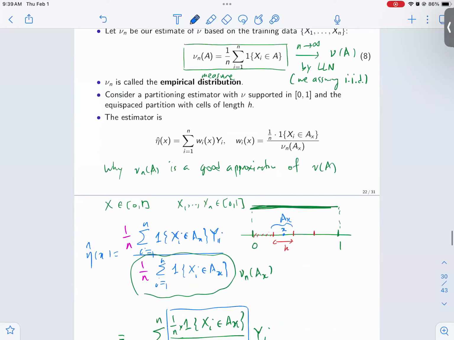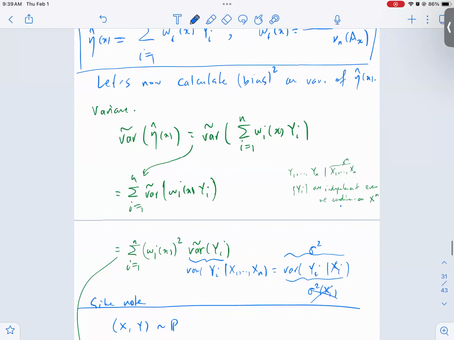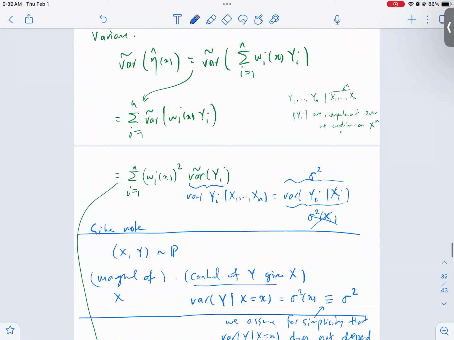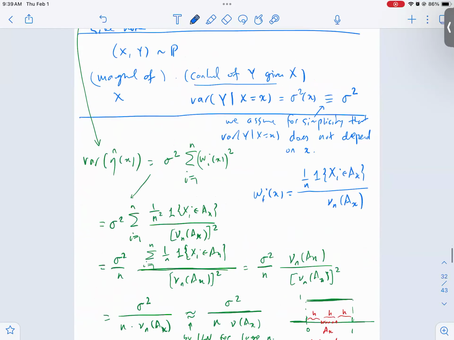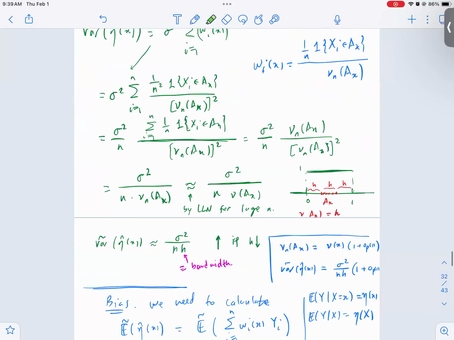We wrote down the partitioning estimator like this. It's a weighted average of the y_i's with these particular weights. And we went on to calculate the variance, under the assumption that the variance of y given X is constant. We could drop that assumption, but we make it for simplicity.